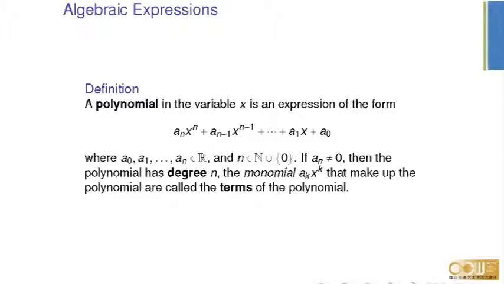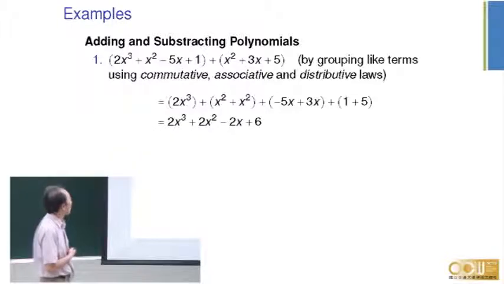One thing to pay attention to is that we match the exponent with the subscript of the coefficient, which sometimes makes problems easier to deal with. So we define the algebraic expression, which is specifically reserved for real coefficient polynomials. Here are some examples.